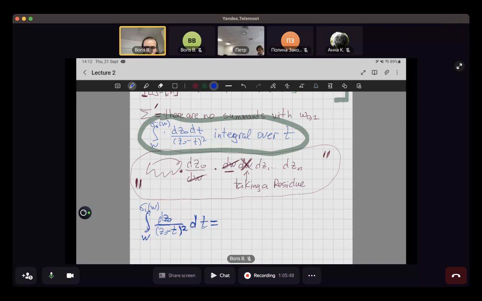It's not hard to integrate the function 1 over (z0 minus t) squared. What we'll get is dz over (z minus t)(z0 minus t), something like this, without the 2.